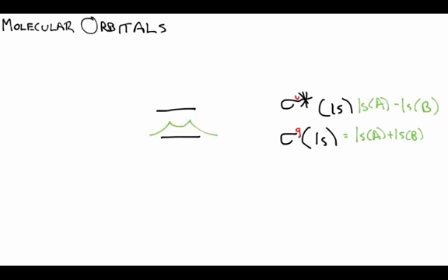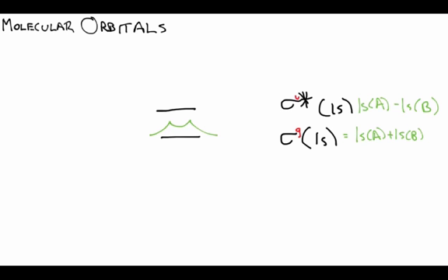So when we look at these, the sigma gerade 1s bonding orbital is this sort of circus tent arrangement with two peaks of the same sign, and then a sort of pass in the very center of the bond between the two nuclei. So the nuclei themselves are located right where those peaks are, and when I draw this sort of circus tent here, what I'm drawing is the wave function along the bond.